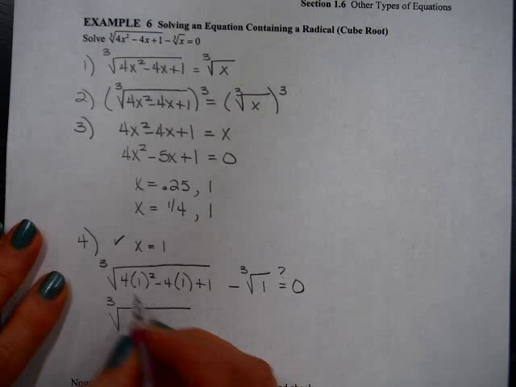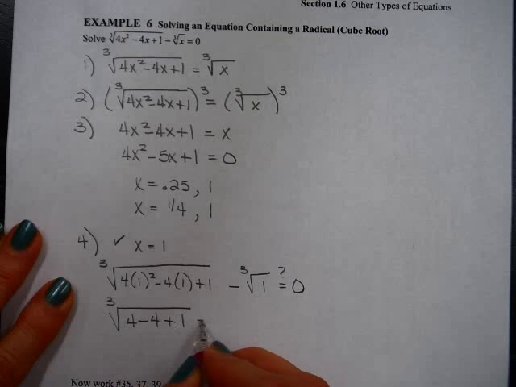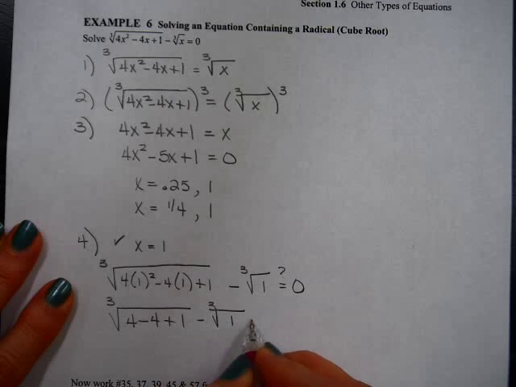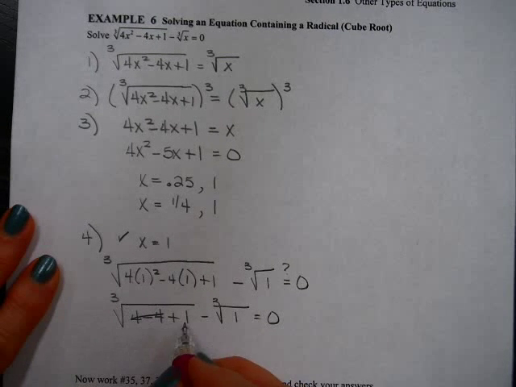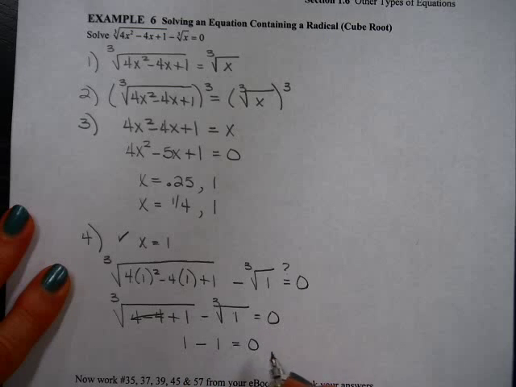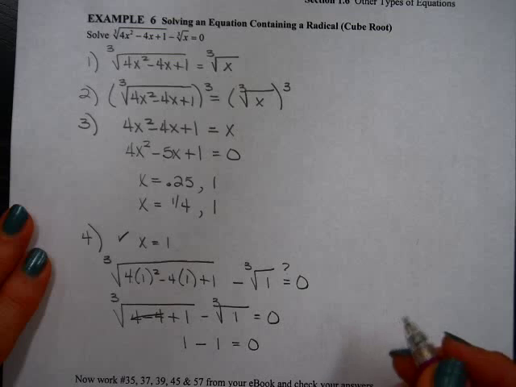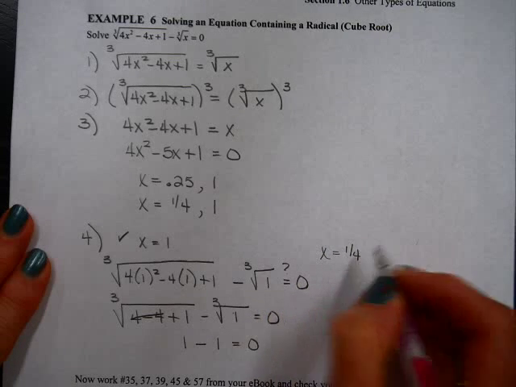This is 4 minus 4 plus 1 minus the cube root of 1 is equal to 0. 4 minus 4 is 0. The cube root of 1 is 1. 1 minus 1 is 0. It checks.